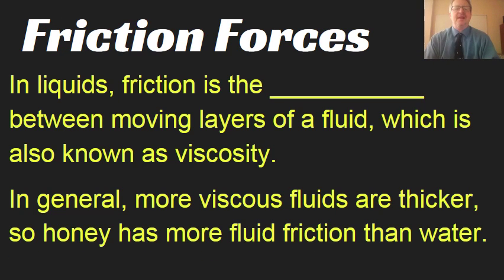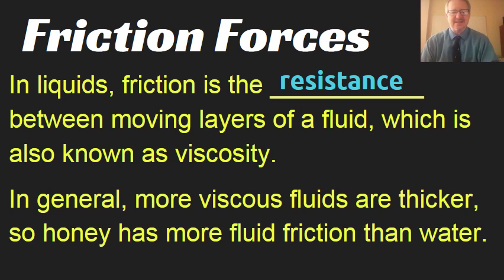When we're dealing with liquids, we have friction that is resistance between the moving layers of the fluid. And so this is also known as viscosity. Motor oils for cars and other engines are rated based on their viscosity. And so that is the amount of friction between the molecules of that liquid, basically.